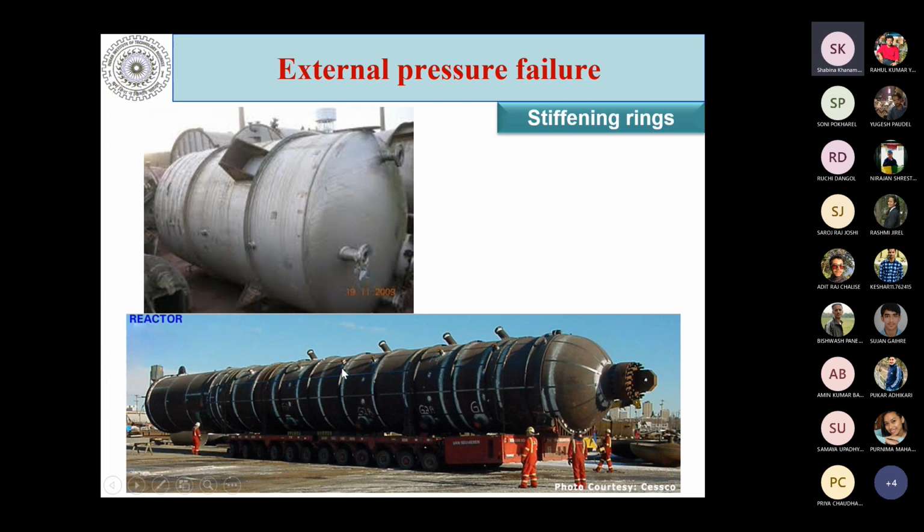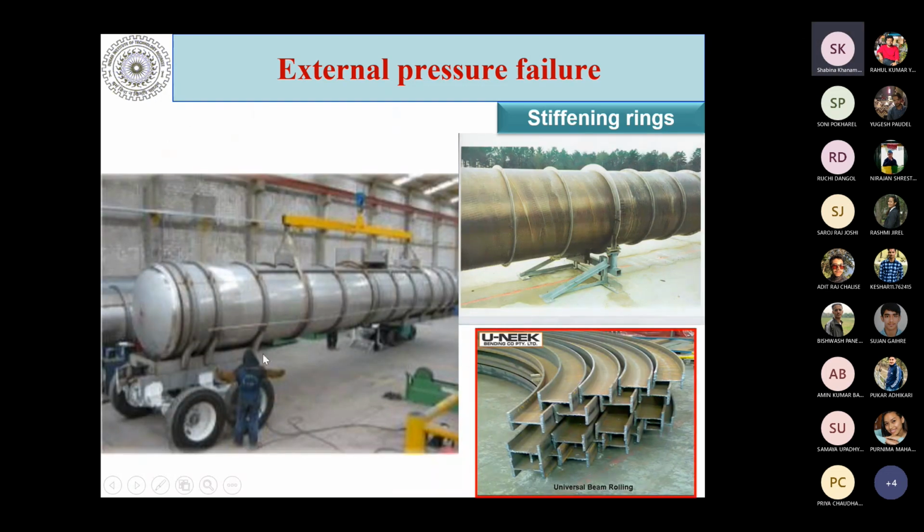You can visualize these rings more clearly over here. This is the ring, this is the ring, this is the ring, like this. Similarly you can have these stiffening rings. When we consider a stiffening ring, the effective length will be only from this to this.